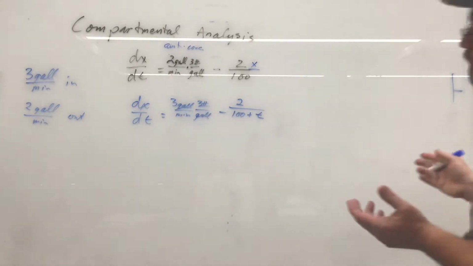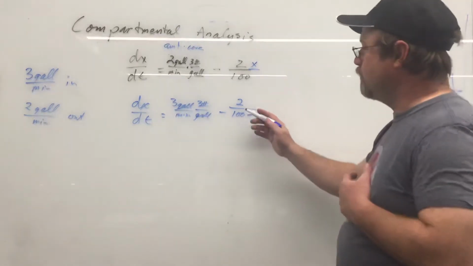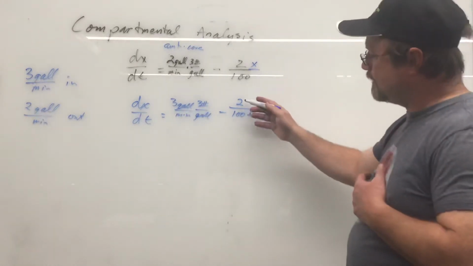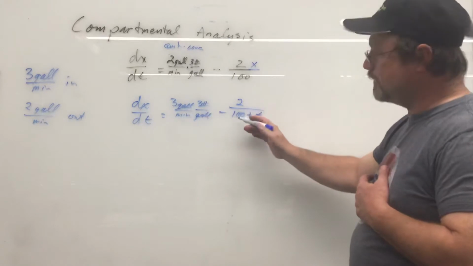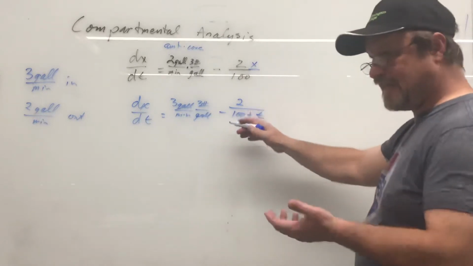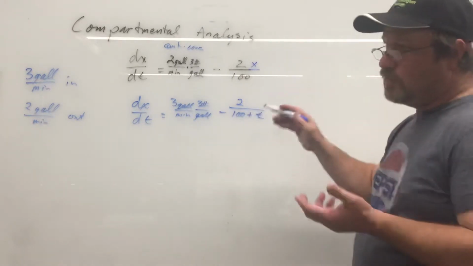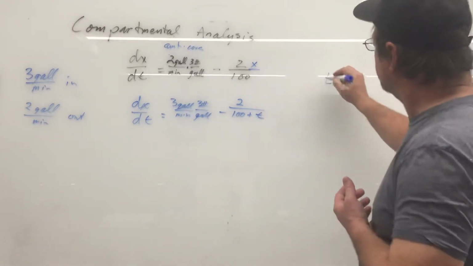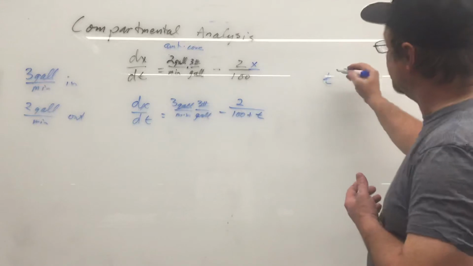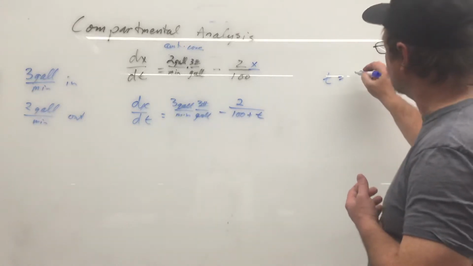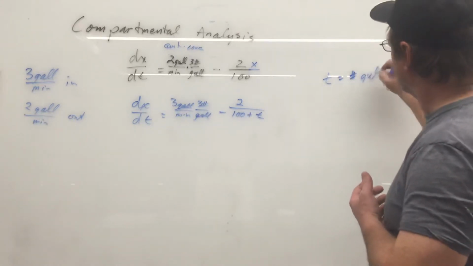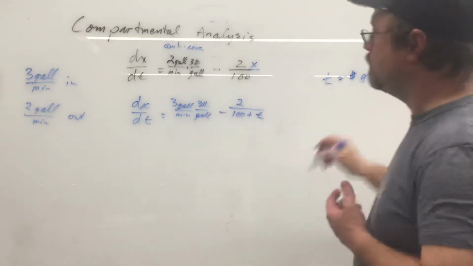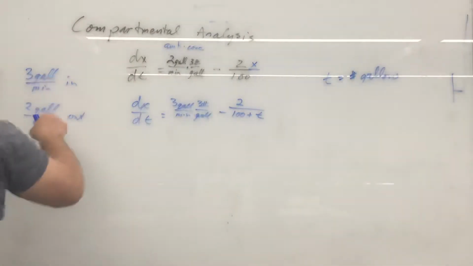Now, we have to be a little bit careful here. 2 over 100, that was the number of pounds per the number of gallons in the tank. And now we're taking gallons and we're adding T to that. Well, not really. What we're doing is T, the amount of time, is equal to the number of gallons, because of the fact that there's 1 more gallon per minute.